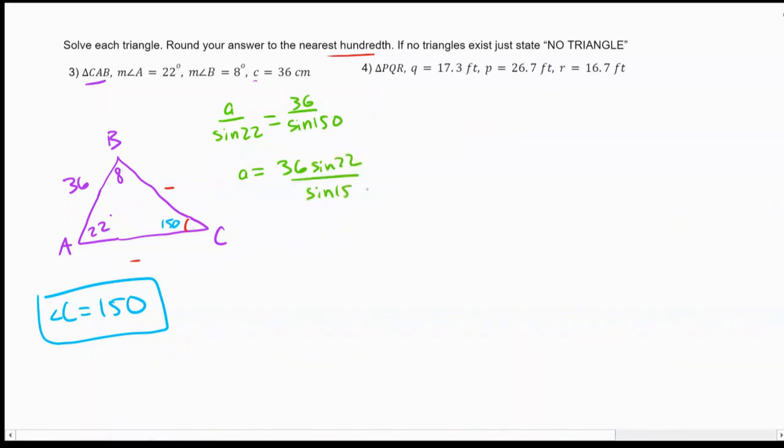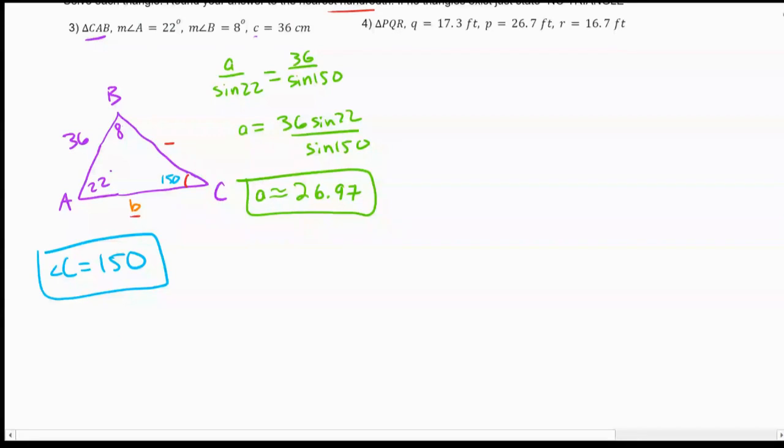Now I just plug all this into a calculator. 36 times sine of 22 divided by sine of 150. And that gives me my A value of about, I'm rounding this here, 26.97. And lastly, I've got to find side B. Do the exact same thing that I did for side A, using the law of sines.